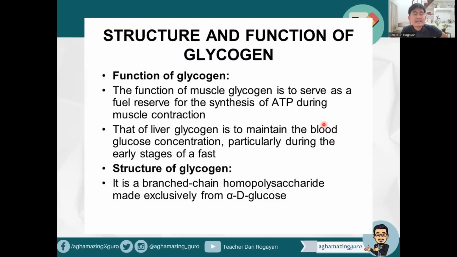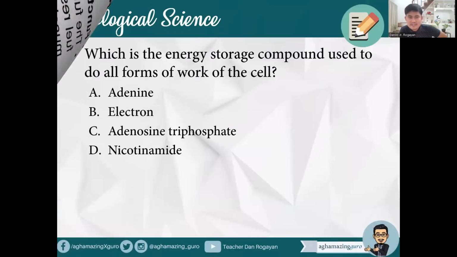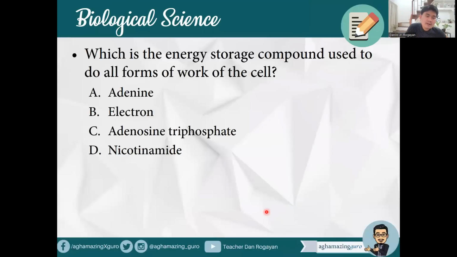Kunyari, medyo nagpa-fasting kayo, syempre gugutumin kayo ng konti, and then eventually after a while, wala na yung gutom nyo, because of the glycogen. It's our fuel reserve. Okay? Ayan. So it is a branched chain homopolysaccharide made exclusively from alpha D glucose. Okay, so that is part of our carbohydrate.